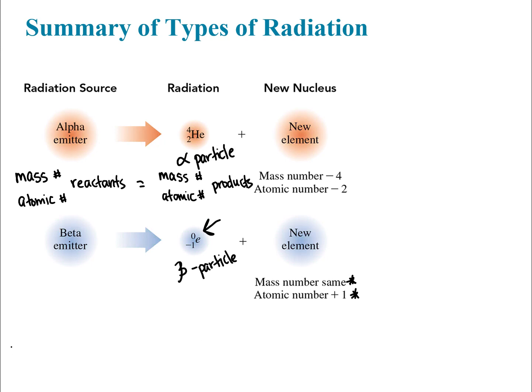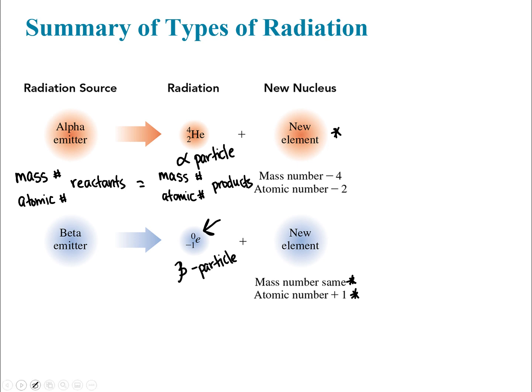you're going to want to know these types. So each problem that you do with balancing is going to be one of these 4 types: alpha emitter, beta emitter, the positron, gamma. Once you figure out which type you have, then you know what your products are.